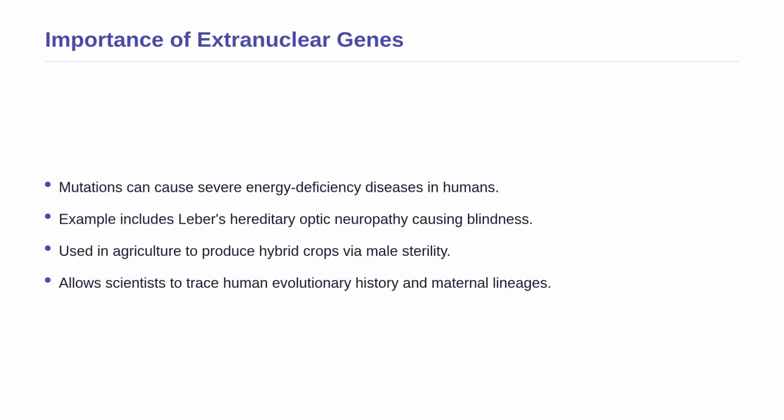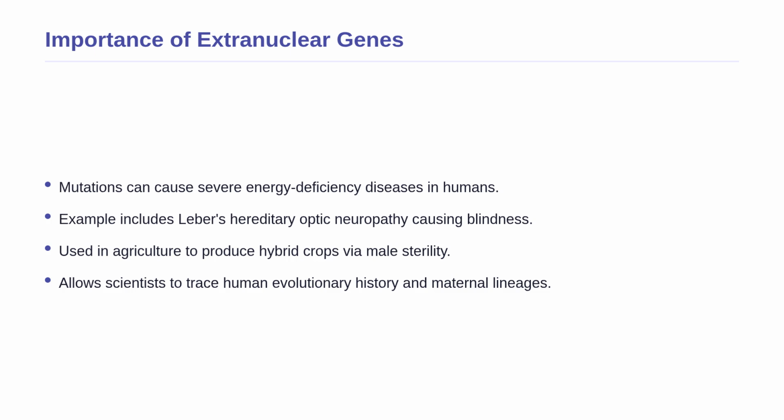This unique form of inheritance is not just a biological quirk, it has profound real-world implications. Understanding extra-chromosomal inheritance is absolutely critical because mutations in these non-nuclear genes can cause severe, often fatal diseases.